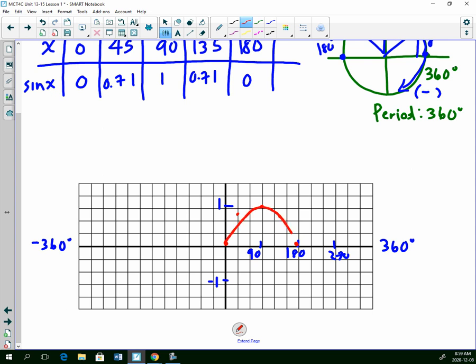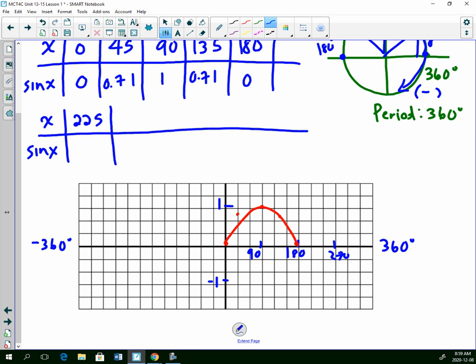So the first half of my graph looks like this, and then I will continue that. Pick some more numbers. We want to go all the way up to 360. Okay, so now I'll do 225. I'm going every 45 degrees, then I'll do 270, and then I'll do 315, and then I'll do 360.